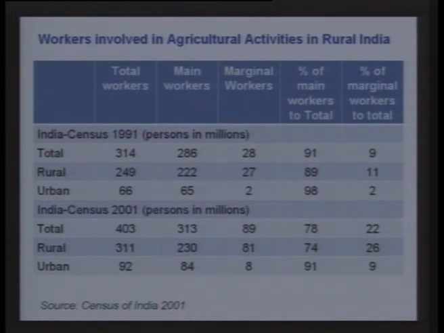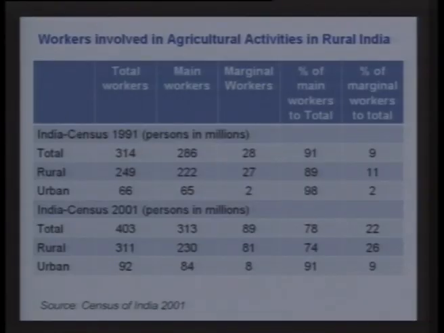The number of workers has increased from 314 to 403, and we also observe that marginalization of workers has taken place. That is, there is a shift from main worker to marginal worker. The proportion of main workers has come down, whereas the proportion of marginal workers has increased.